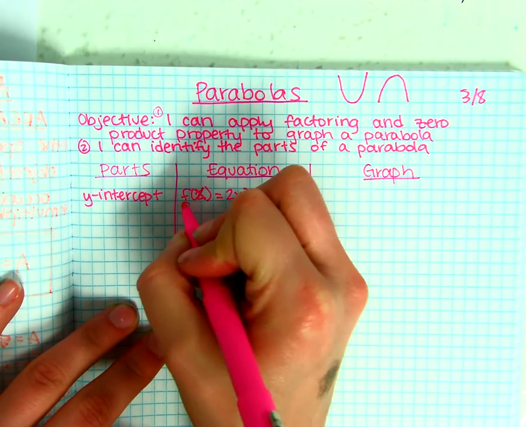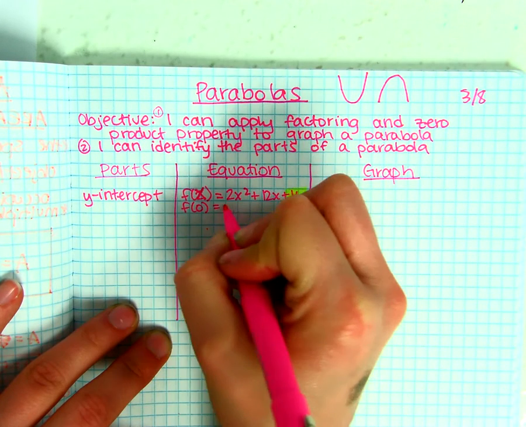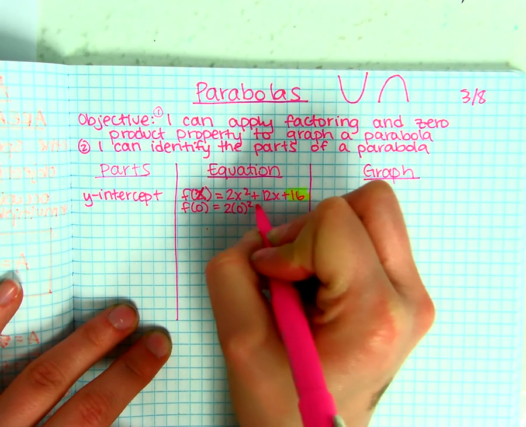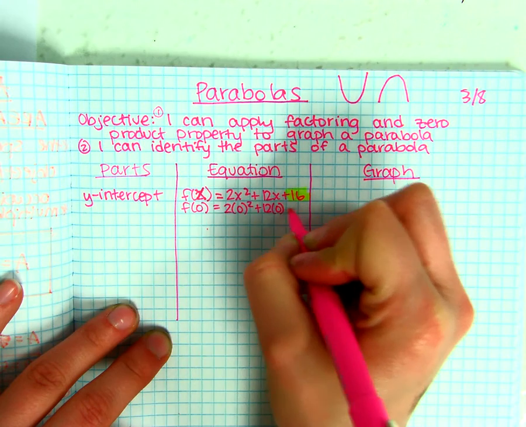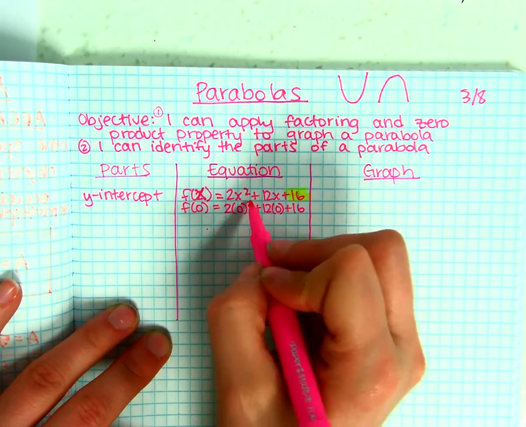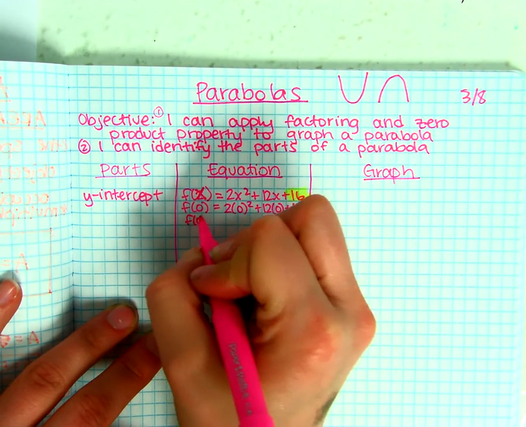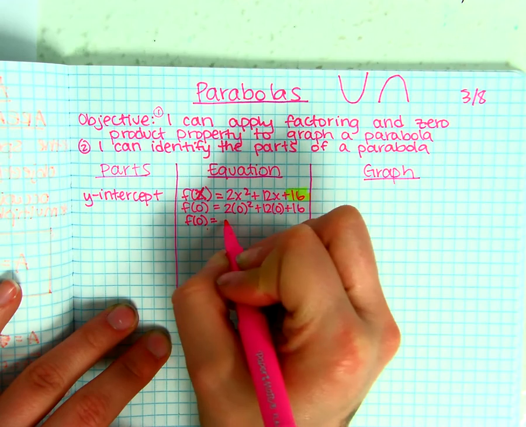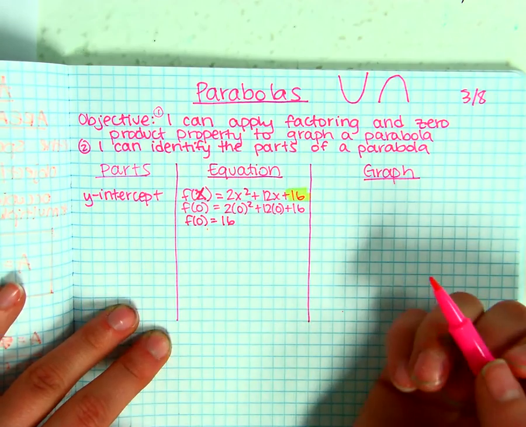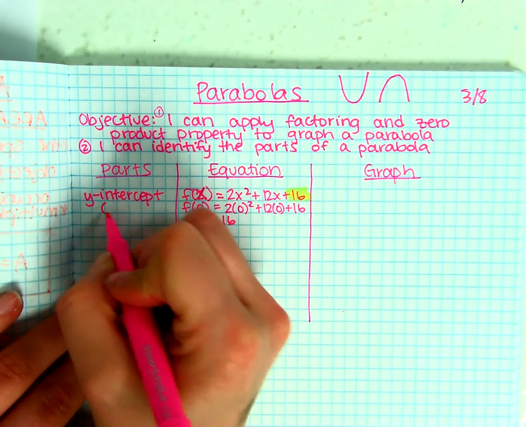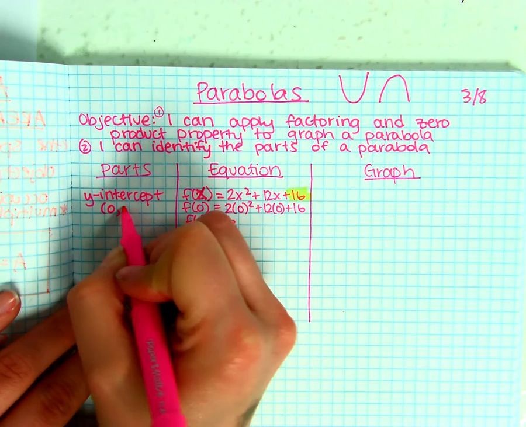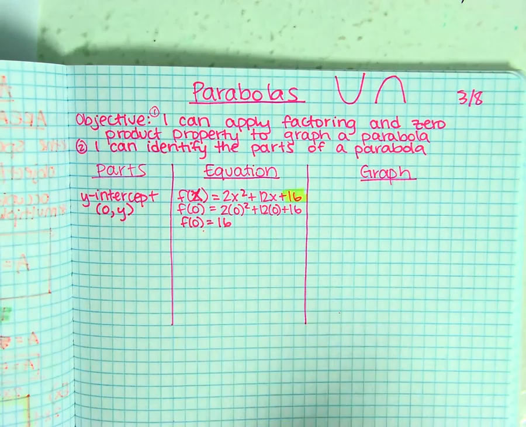So it's f of 0: 2 times 0 squared plus 12 times 0 plus 16. These go away. We get 16, right? So our y-intercept is going to be a 0 for an x, and then a value for the y. Okay?